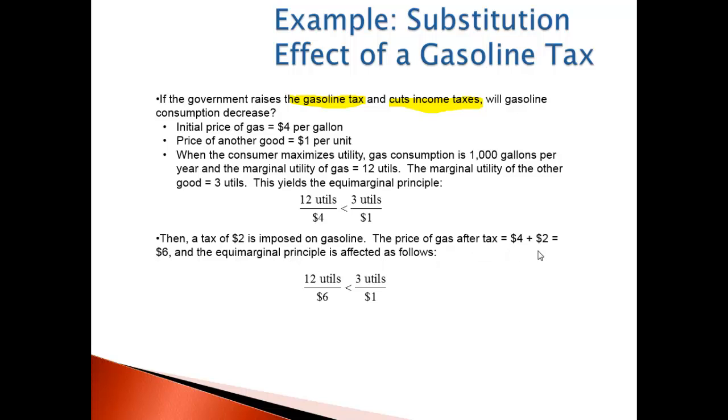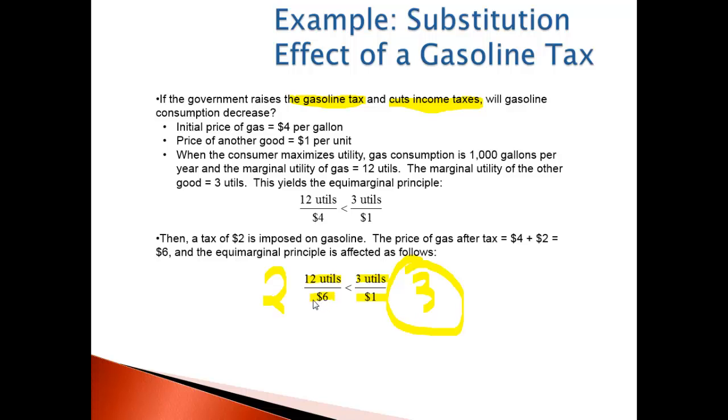The price of gas after the tax and the equal marginal rule would state that, holding everything else equal, ceteris paribus, 12 divided by 6 is now 2. I'm using my highlighter because it works simple. 3 divided by 1 is 3. We're going to choose the thing that gives us the most utility, maximizes utility.